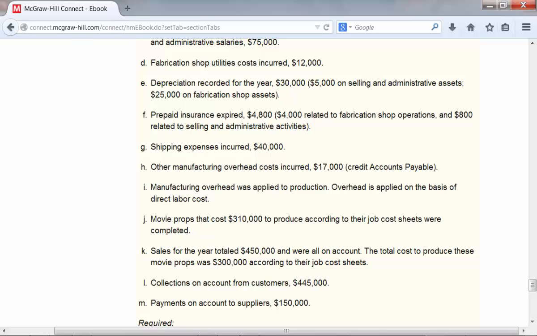Remember, the definition of an asset is some cost that represents a future economic benefit. And when you pay insurance in advance, it's a cost, it's money that you spent, but it represents that in the future you're going to have the benefit of being insured over a given time period. Once that time period's over, then that asset expires and it becomes an expense. So the cost becomes an expense.